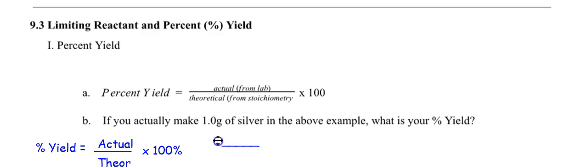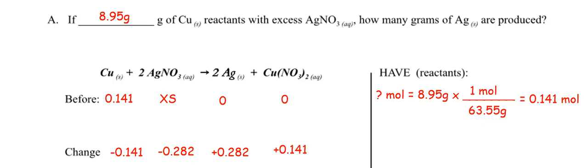So here I have 1 gram divided by, well, how much should I make in my above example? Let's go back. I'm on the previous page, where we took the copper and the silver nitrate and made pure silver and copper nitrate. We started out with grams of copper and found moles.